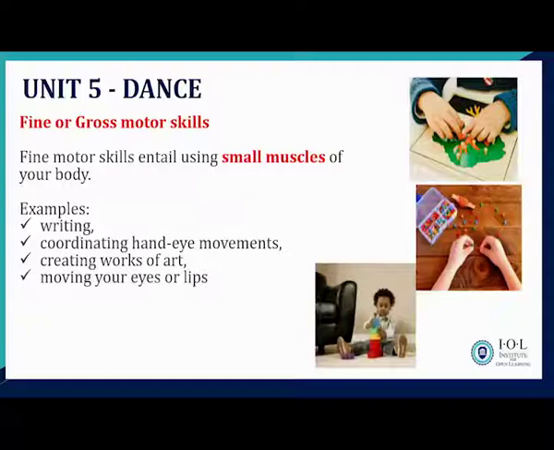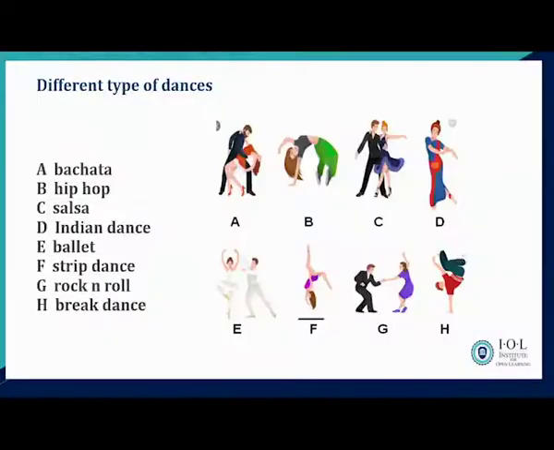When children are growing up, they are writing, coordinating hand and eye movement, creating works of art, moving their eyes or their lips. Those are fine motor skills, where small muscle groups are involved. At this stage, we are exposing you to learn more. We don't limit ourselves to just what is in the manual.